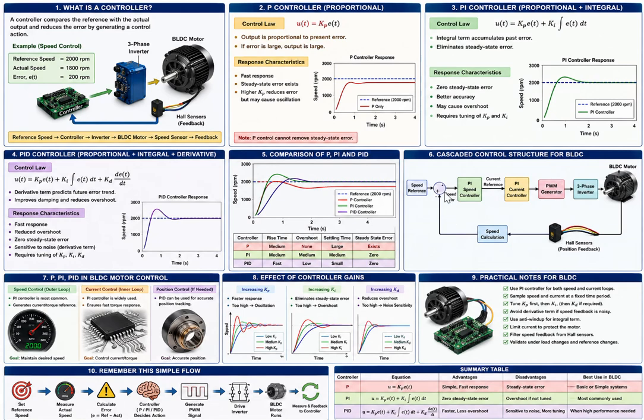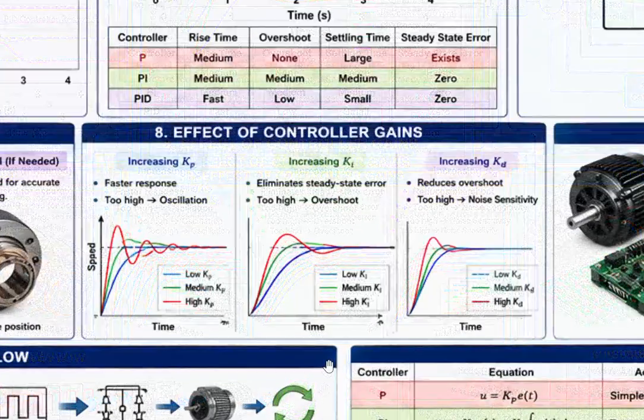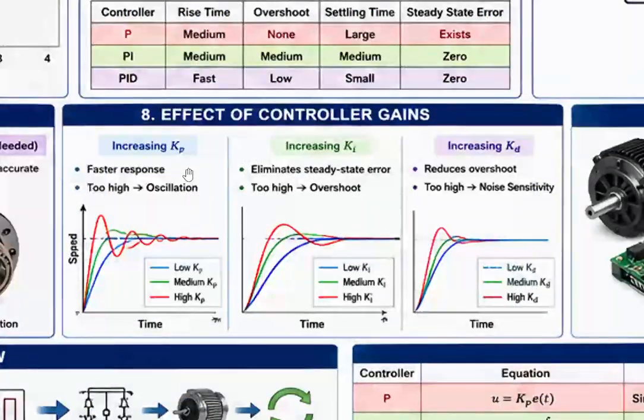Okay, so this is how the closed loop system is working. The effect of controller gains is clearly given here. If you see the Kp value, increasing Kp provides faster response, but oscillation is too high. See, very high oscillation for very high Kp value.